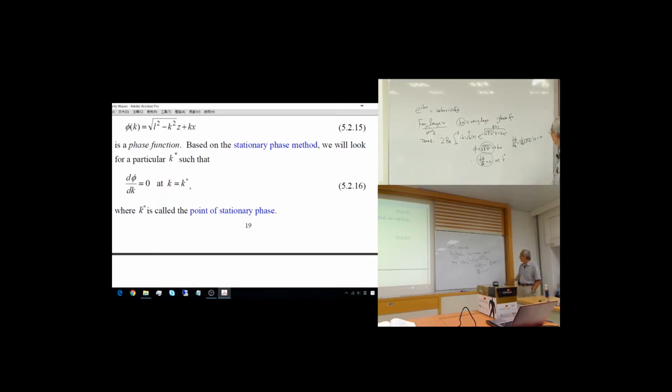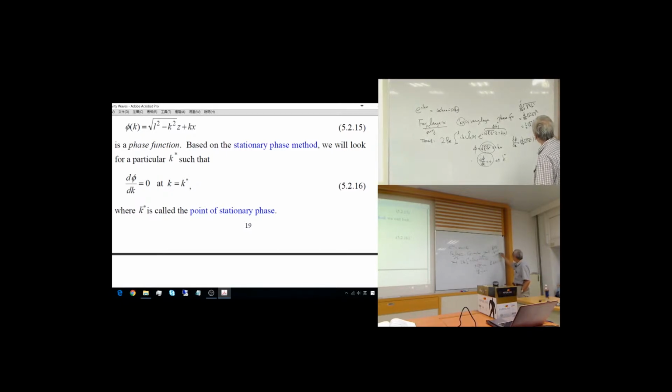So what's this? Can you remember how to do differentiation? What's the derivative of square root of L square minus k square? That will be half of L square minus k square to the power of minus half, and then the derivative of L square minus k square.